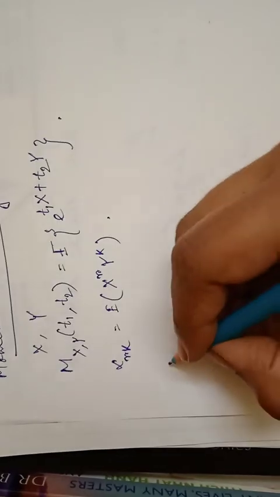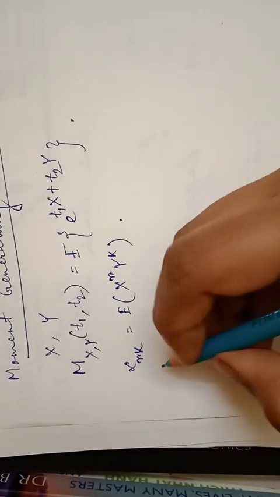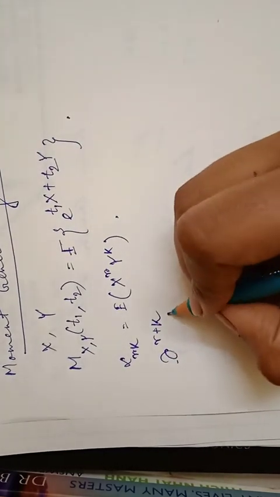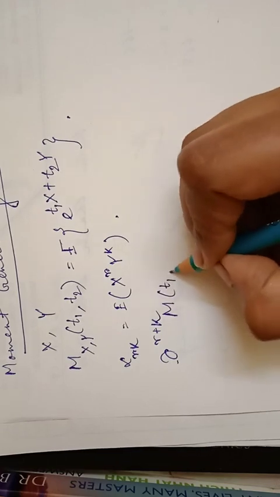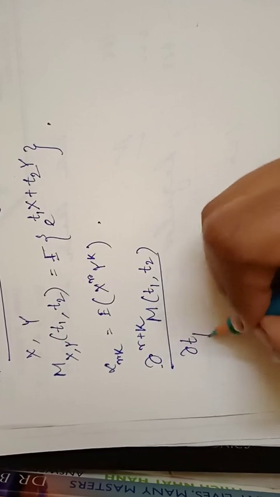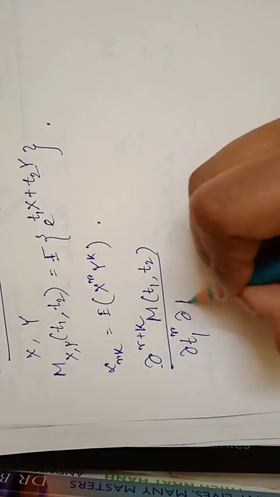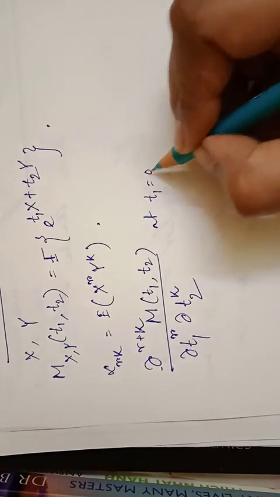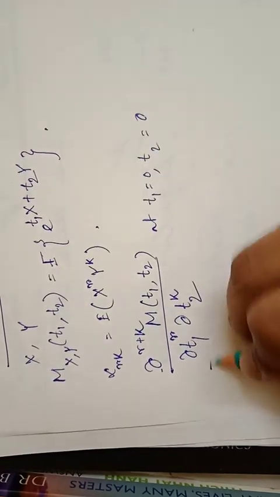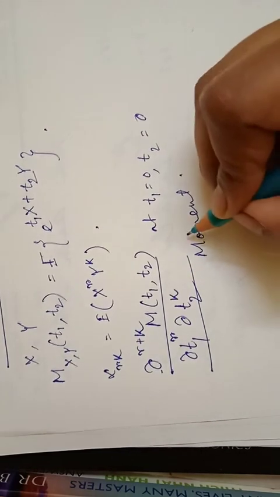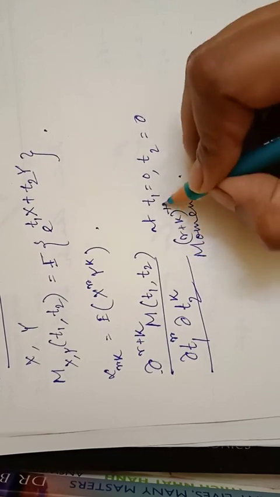So here we are learning a new relation between the moment and the moment generating function, which is the partial derivative of order r plus k of M(t1, t2), r times with respect to t1 and k times with respect to t2, at t1 equals 0 and t2 equals 0. This quantity denotes the (r plus k)th order moment.